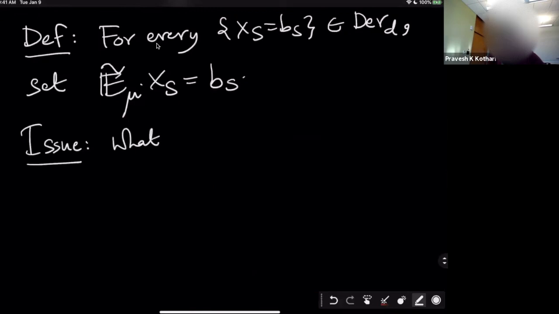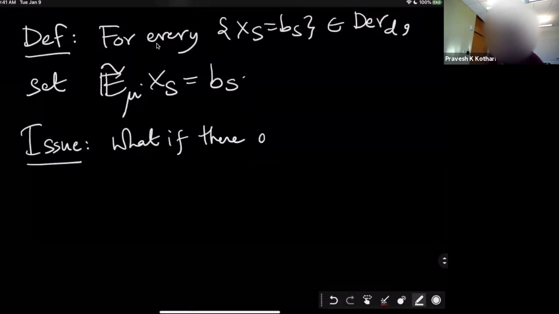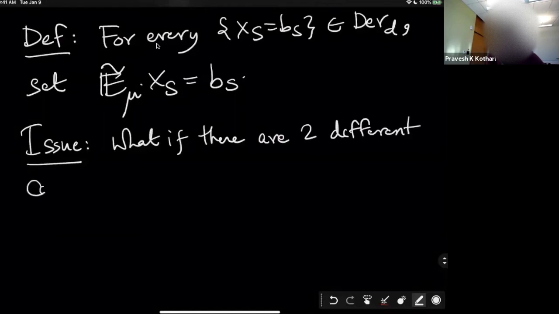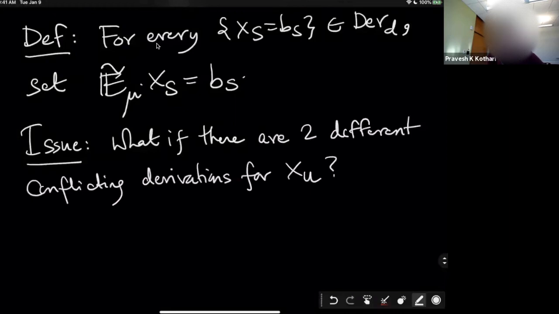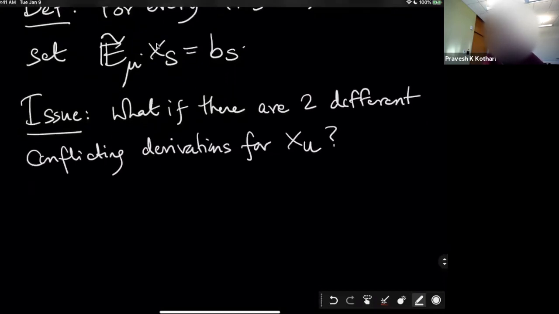What if there are two different conflicting derivations for x_u? That's the problem that Misha pointed out. Before, I was going to use it as my punchline, but okay, good. So we'll argue that in fact, we never run into this conflict, okay?